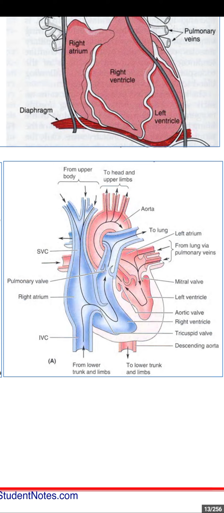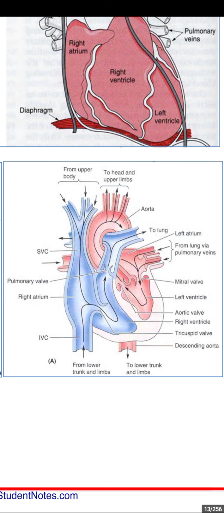So there is a valve between right atrium and right ventricle, which is tricuspid valve. So this blood then goes inside the pulmonary valve. So the pulmonary valve goes only to the lungs or the pulmonary artery.